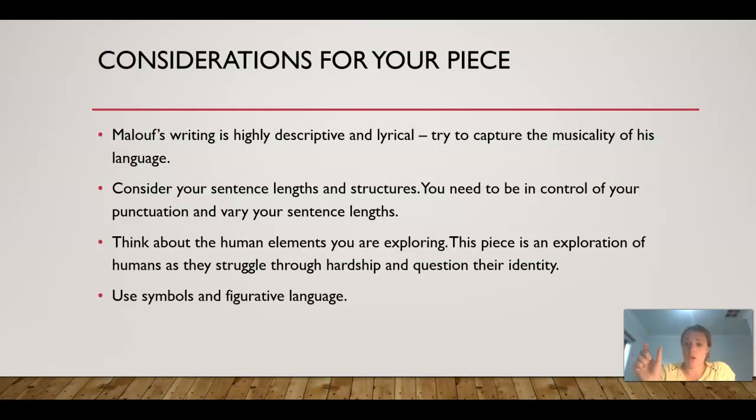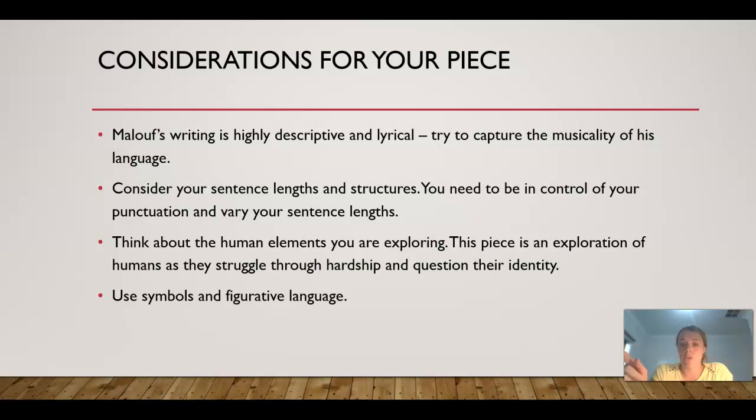So if you've got a really strong point to make, short sentence, then describe it through that long lyrical sentence structure. You need to think about the human elements you're exploring. The piece is an exploration of humans as they struggle through hardship and question their identity. To think about the humanity of our characters, that's where you need to get us into their head.